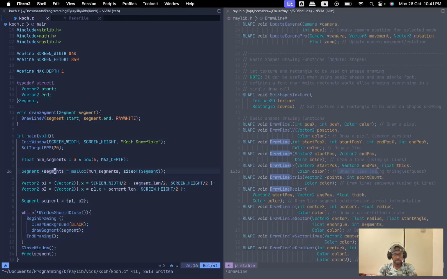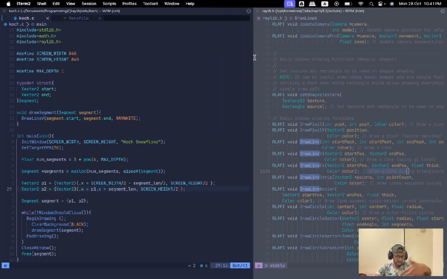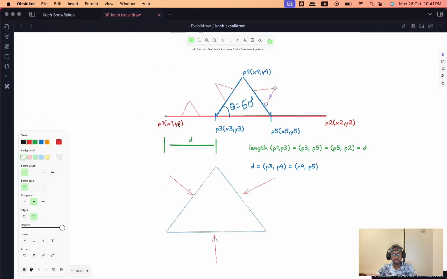So hopefully I have my segment here. Now what I want to do is recursively create these segments from this formula. Our initial work is creating these points. Given points P1 and P2, I need to create points P3, P4, and P5.